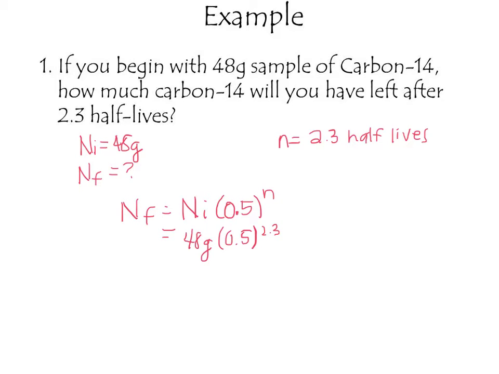Here are my numbers: 48 grams times half to the 2.3 power, and that equals 9.7 grams. Notice I have grams here, so we should end up with grams as our final mass. Since this is going through a decay, my final number should always be smaller than the initial number.